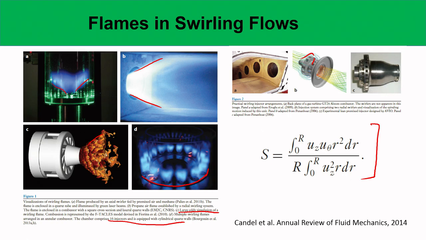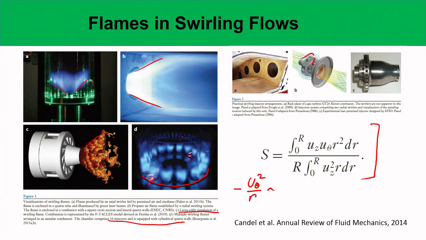The thing is that in swirlers which do not have a center body or have a very small center body, and the flow is fully developed and fully swirling, if the swirl number is greater than about 0.6, then there is a phenomenon called vortex breakdown.